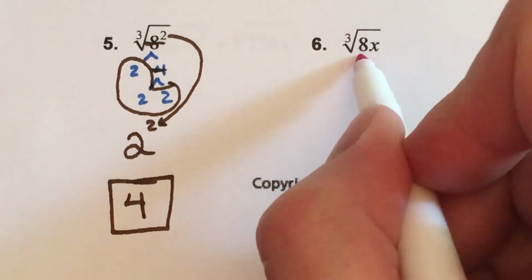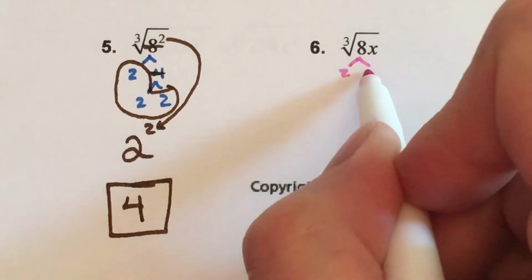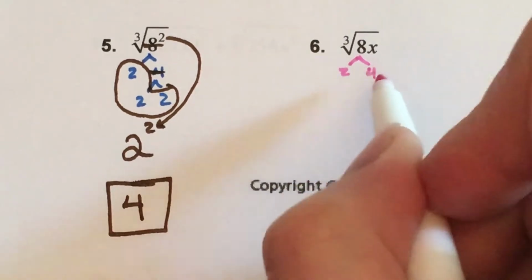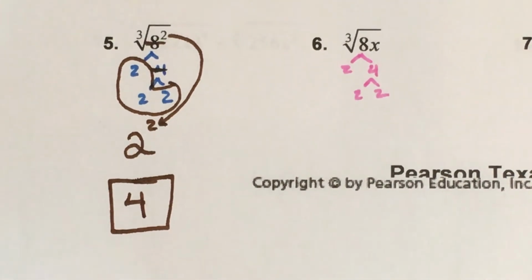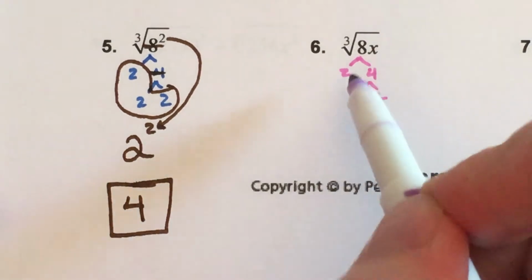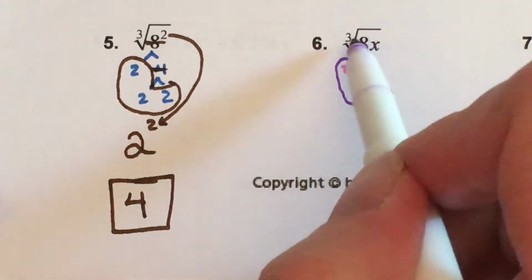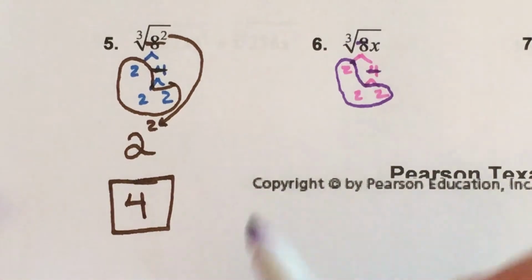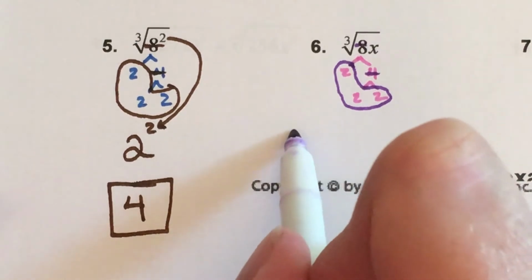So again, we are requested to get the exponential form with a cube root, having started with an 8, but this time we also have an x. So we already know the factor tree of the 8 with the 2's. So I have a representative of that bundle with a 2.